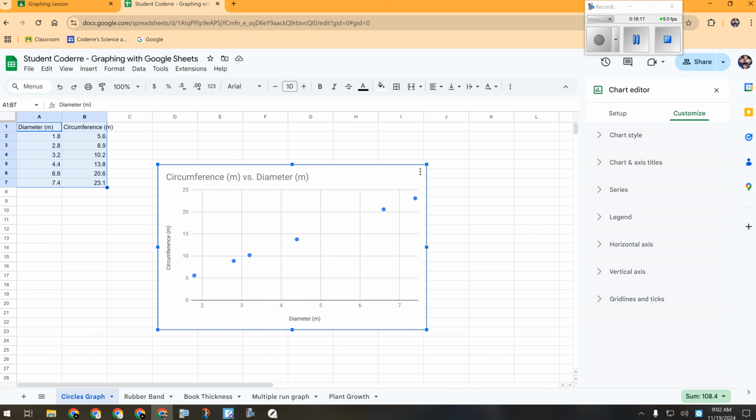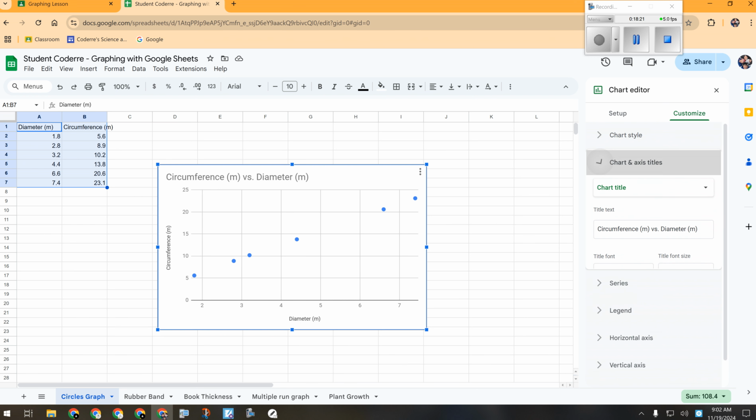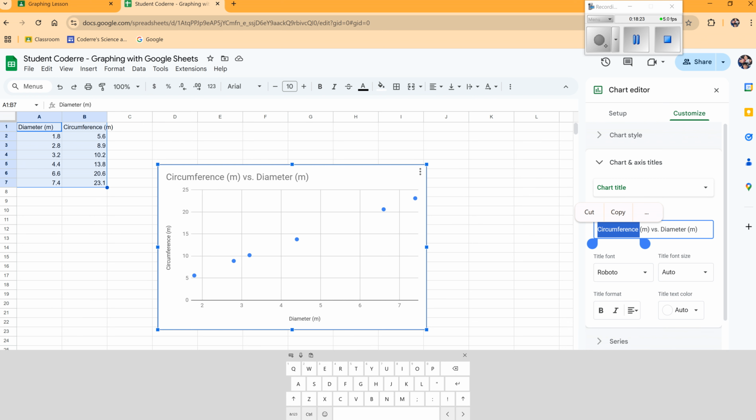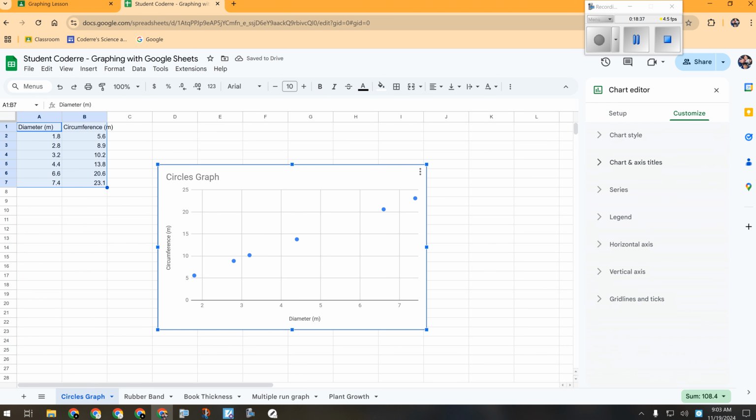I'm going to go to customize, go to chart axis and titles, and change that. Circles graph. Then we'll go to series.